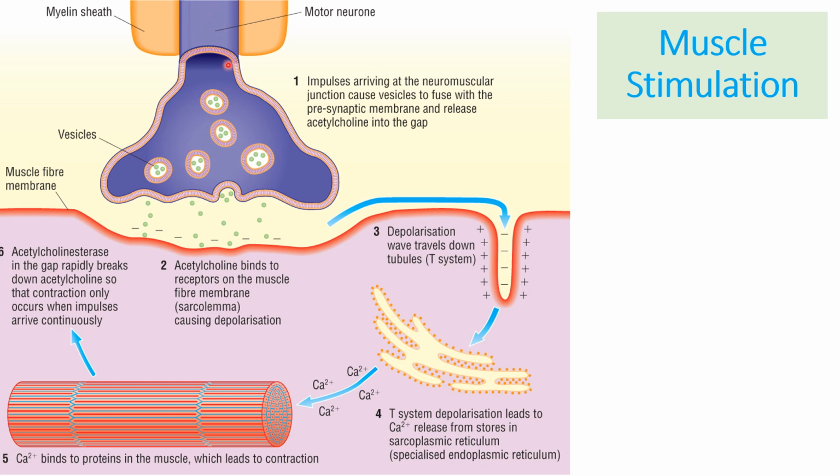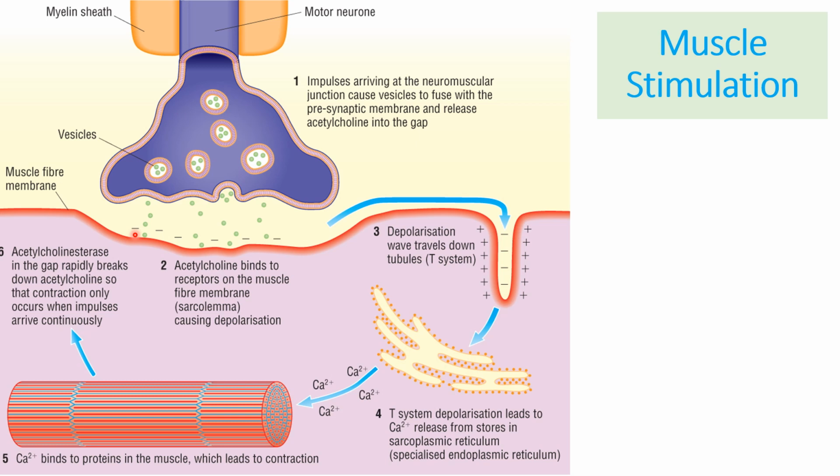So the action potential passes down the end of the motor neuron. The action potential then causes vesicles to fuse with the presynaptic membrane, and that causes the neurotransmitter, which is acetylcholine, still the same as in a cholinergic synapse, to diffuse across the synapse. On this side, however, instead of a postsynaptic neuron, we now have the muscle fiber membrane, or the sarcolemma.